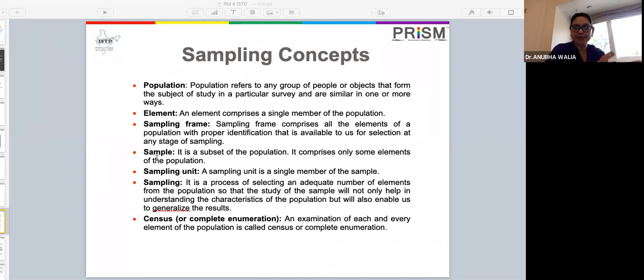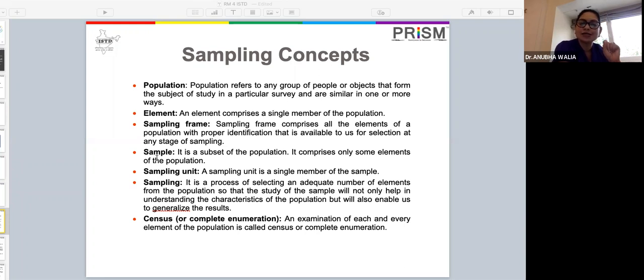So as I talked about sampling, right? In a sample survey we use statistics also. Here the characteristic of a sample is nothing but a statistic, which we also call the sample mean or proportion.